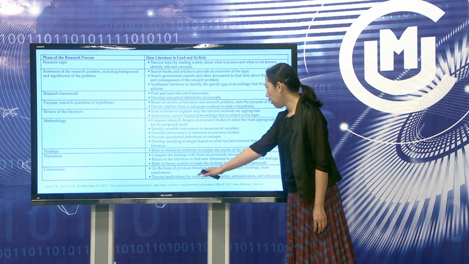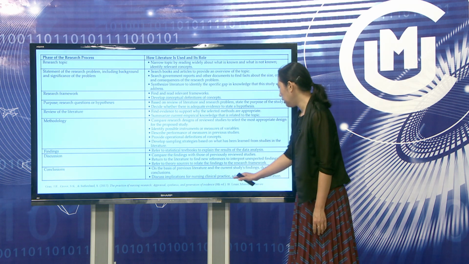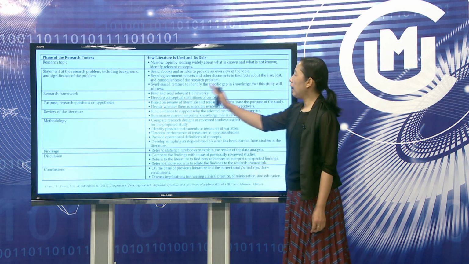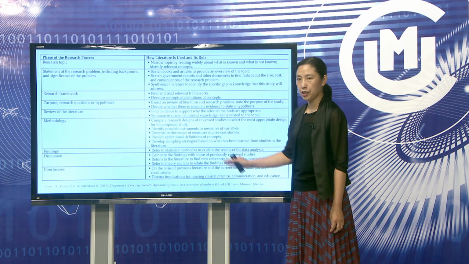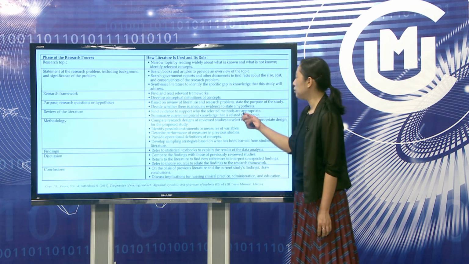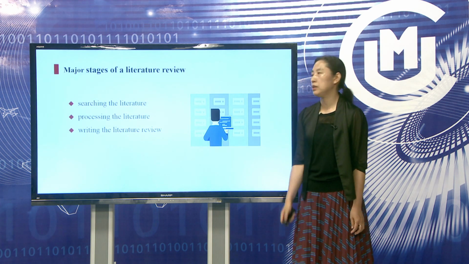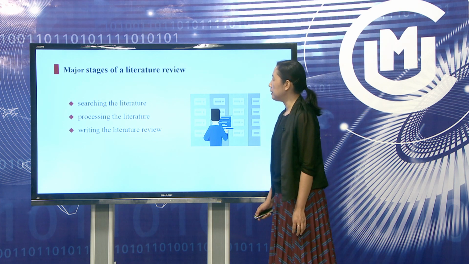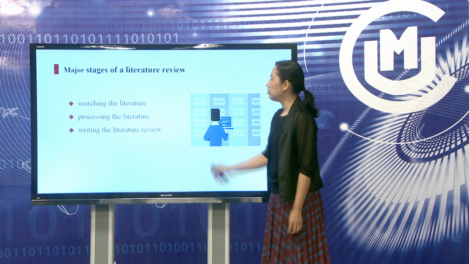And then you discuss implications for nursing clinical practice, administration, and education. So that's the idea about which phase you are in and how the literature will help you to go through these phases. And so I will go through a little bit about the major stages of the literature review.